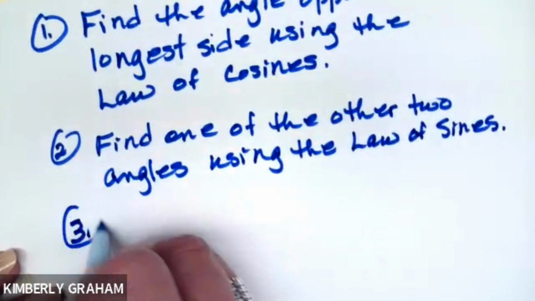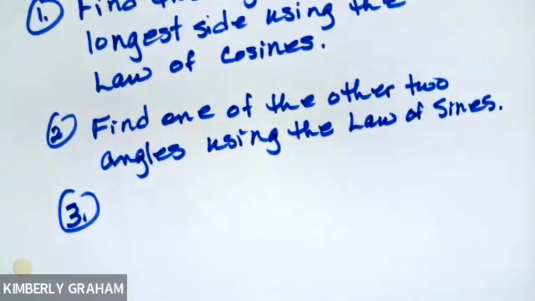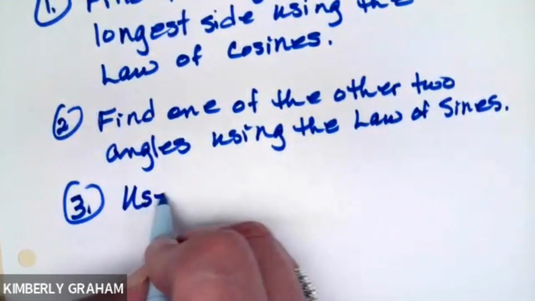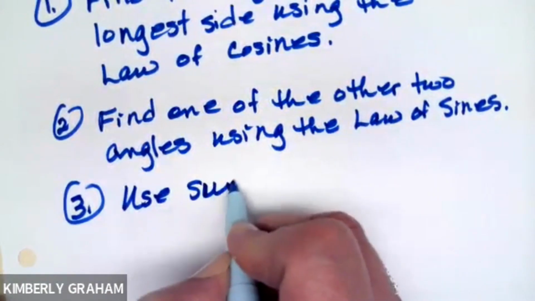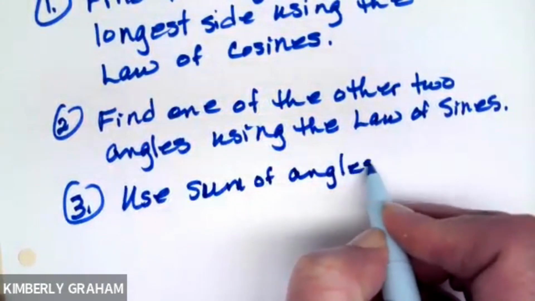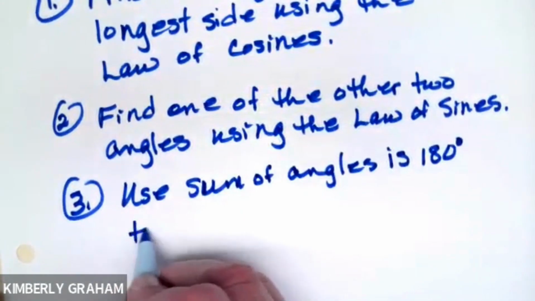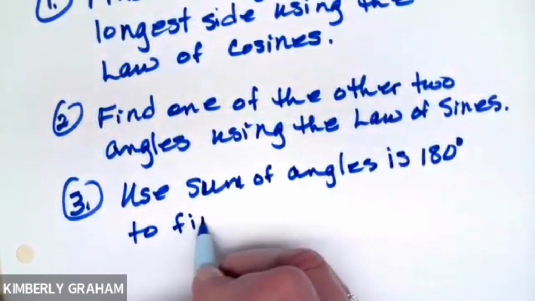And then my third step, I want to try and write it out like I did this step over here: use the sum of angles is 180 degrees to find the third angle.